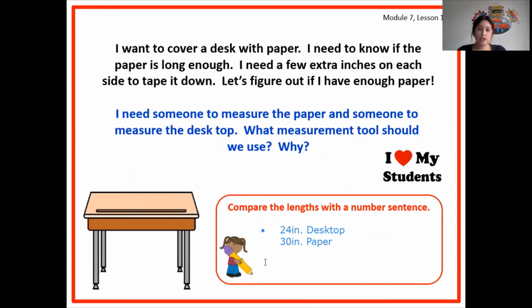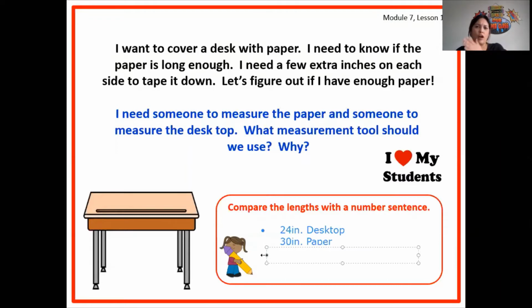Now, which one was longer? The paper or the desktop? Yes, the paper, right? But I want to know how much longer. So remember, when I want to know how much longer, that means we're what? We're comparing. See, it says compare the lengths with a number sentence. So comparing, if I want to know the difference, I need to add or subtract.